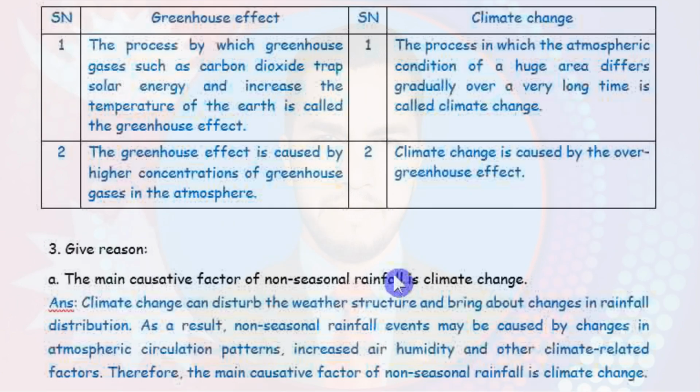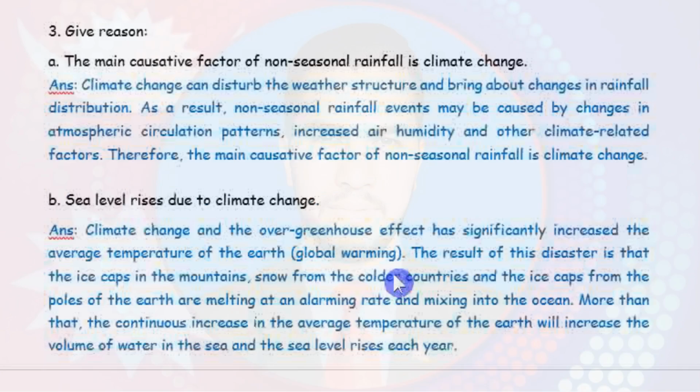Okay. Now let's go to number 3, give reason. A, the main causative factor for non-seasonal rainfall is climate change. We know that in the world and in our country, we have all faced non-seasonal rainfall.